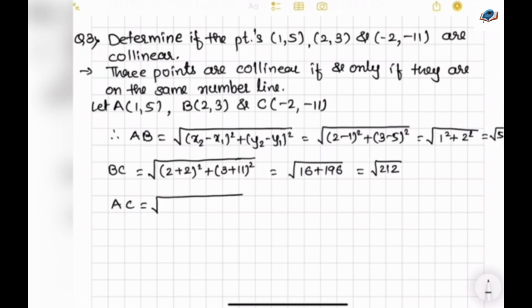And AC is equal to (1 minus of minus 2), so 2 square plus (5 minus of minus 11), so plus 11 whole square. So this will be 9 plus 256, so 263.